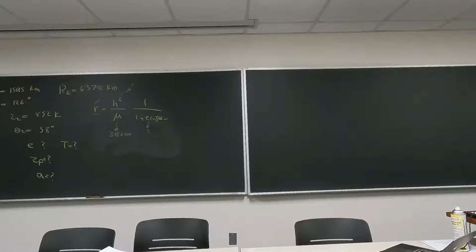What can you say about eccentricity and h squared for these 2 points? Eccentricity is also equal to h squared over rp mu.